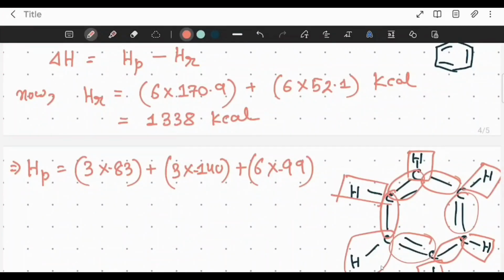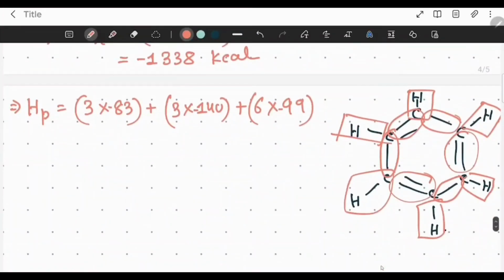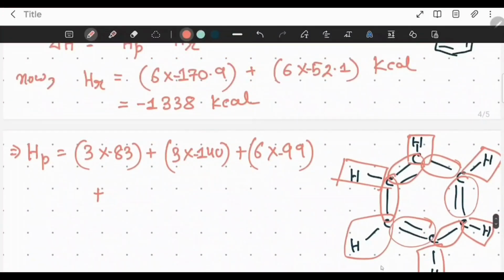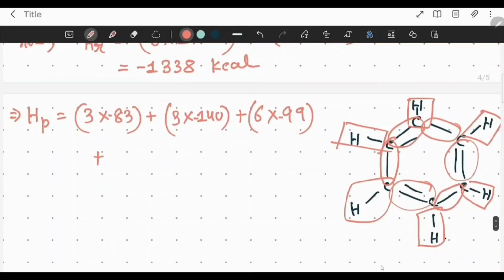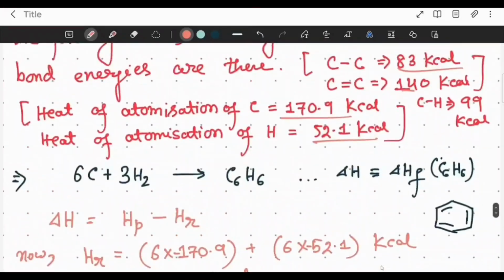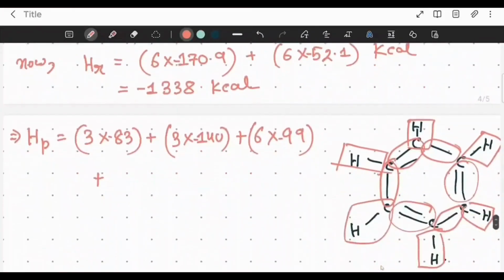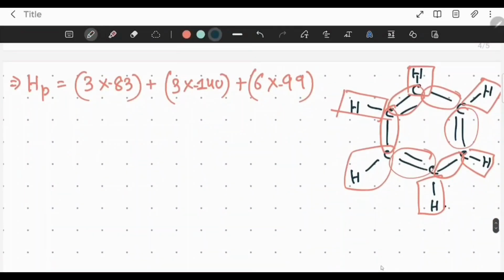But also you have to consider there is 6 carbon plus 6 hydrogen. You might think that in benzene also there is 6 hydrogen and 6 carbon, so that heat of atomization should also be considered, but that is not the case. That is already considered in the bond energy, so we don't have to consider it.